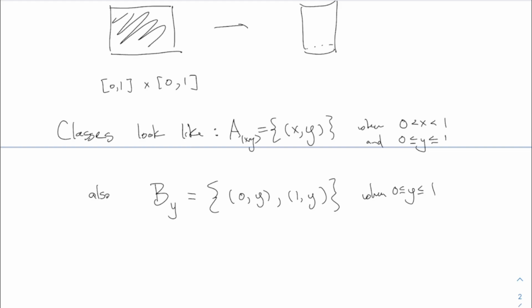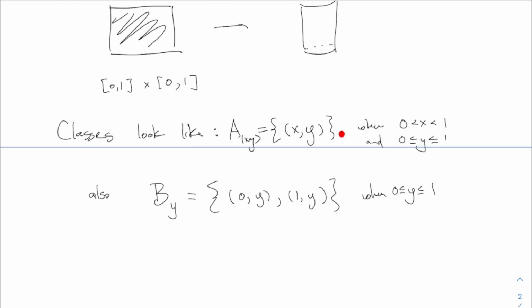So this says that for every vertical y value, you have (0, y), which would be 0 x coordinate at this height, and then also the same y coordinate but at 1 x coordinate. And those are considered to be in the same equivalence class because I'm going to glue those points together when I do the quotient.